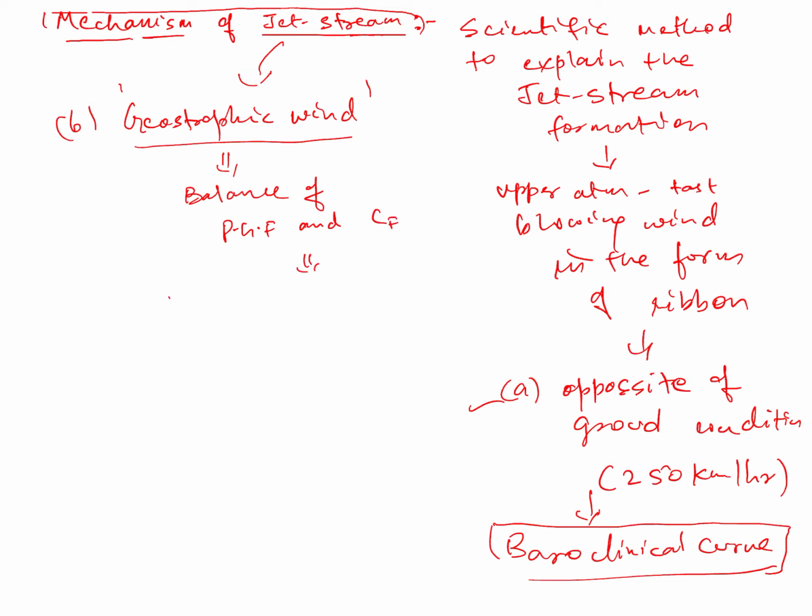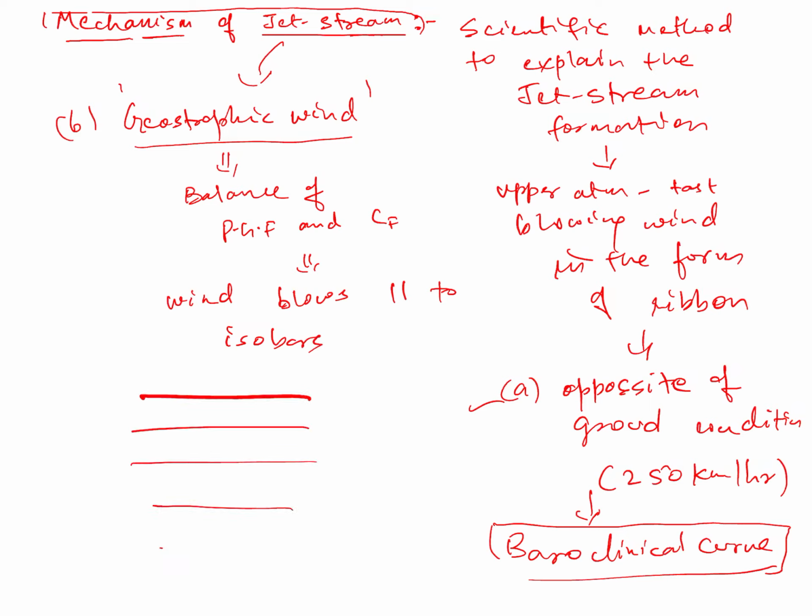Wherever this is happening, the wind blows parallel to the isobars, and such wind is called the geostrophic wind. Suppose this side is a high pressure system, and this side is a low pressure system. The wind always moves from high pressure to low pressure, so the PGF direction, the pressure gradient direction, is this.